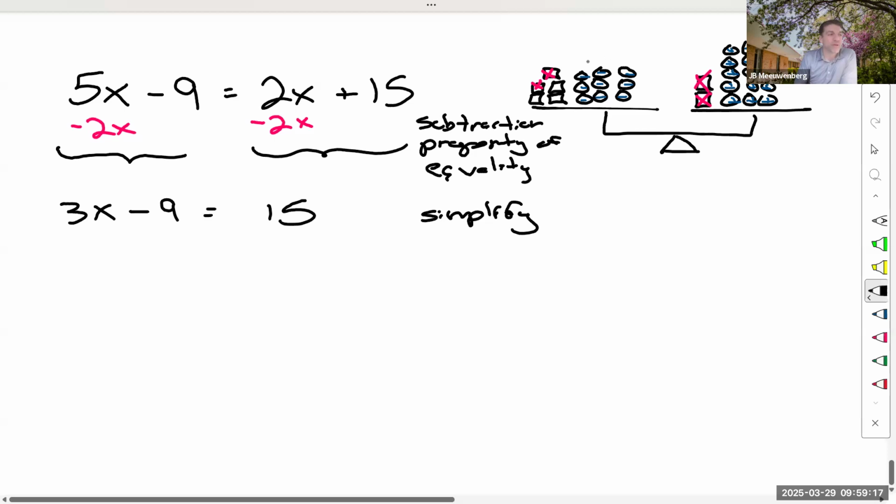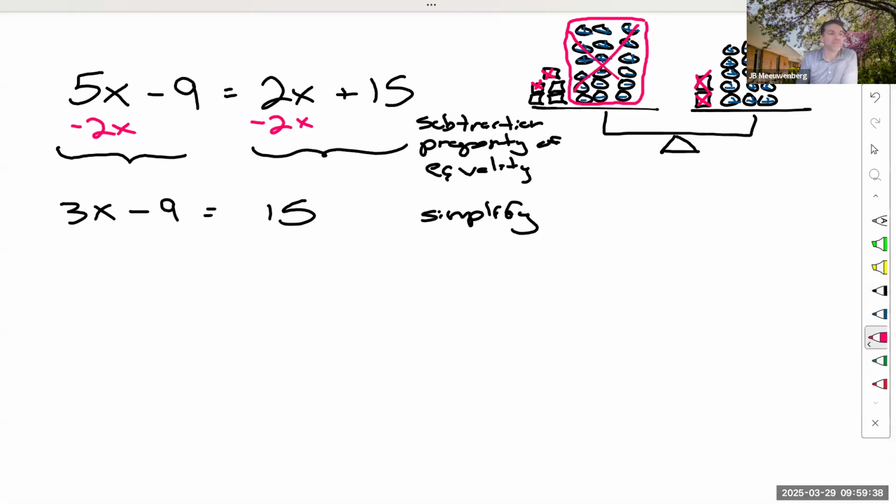And so what we would do here is we would take 1, 2, 3, 4, 5, 6, 7, 8, 9 circles, and we have to add 9 positive circles. So I'm going to put 9 positive circles on my balance scale. When I do that, it cancels all of these out on the left-hand side.